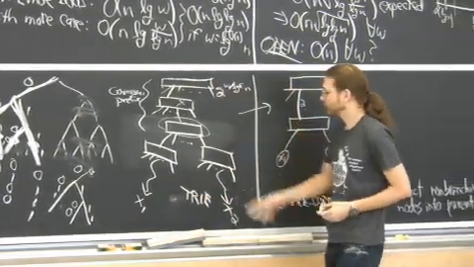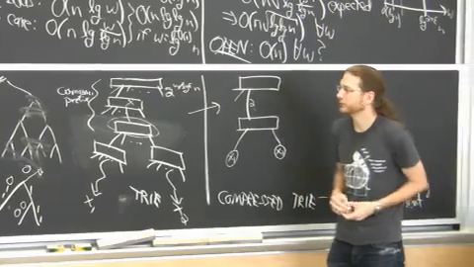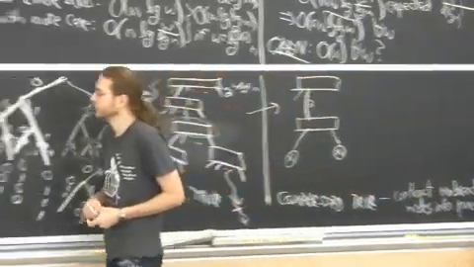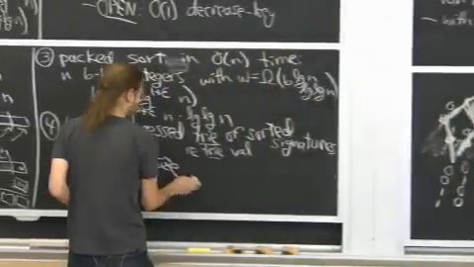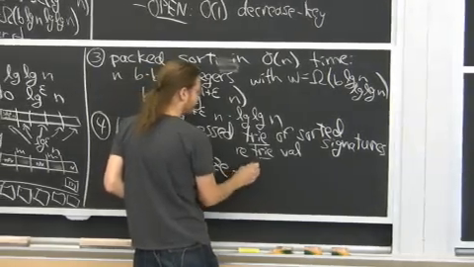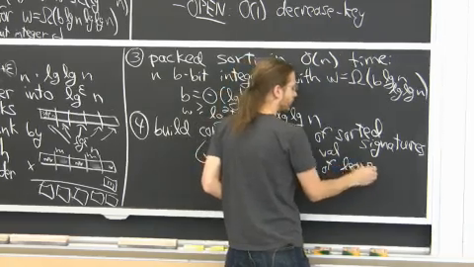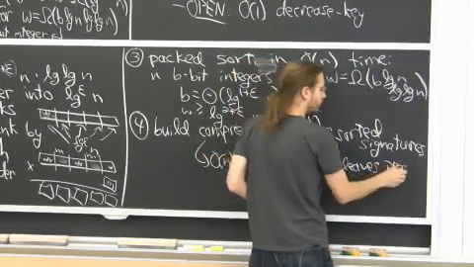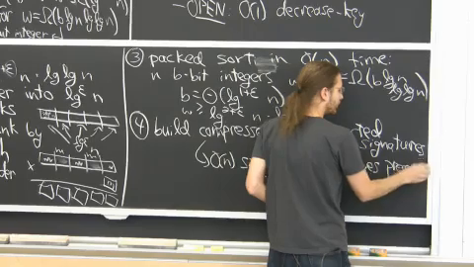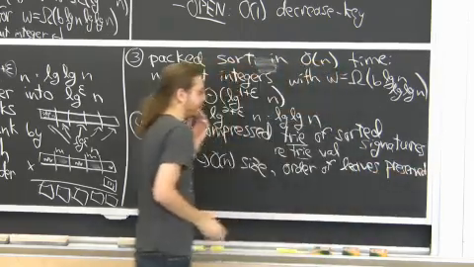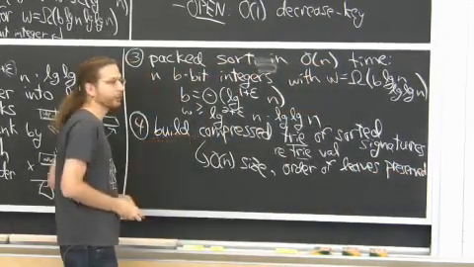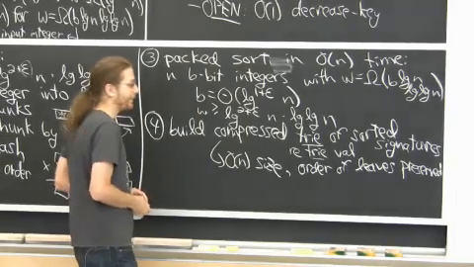Same thing over here. I mean, x1 appears to the left of x2. So we say the order of the leaves is preserved. The other cool thing about compressed tries is you can compute them in linear time.